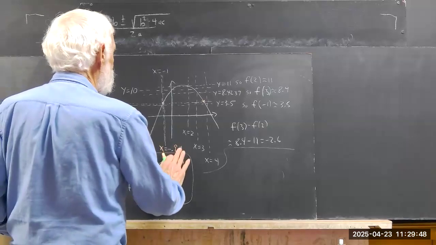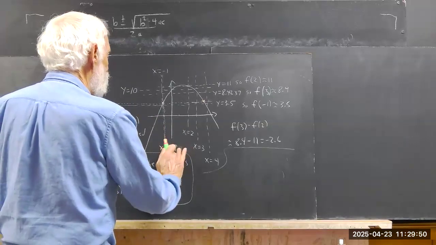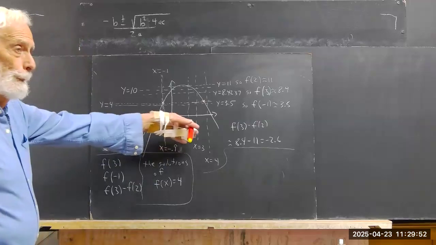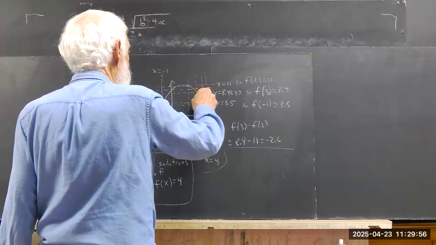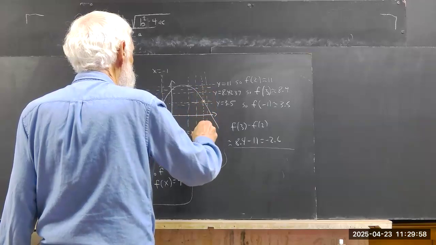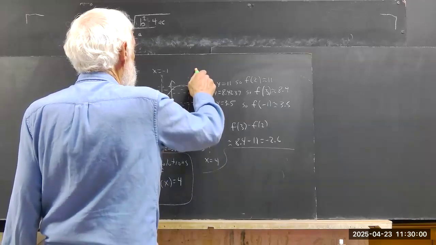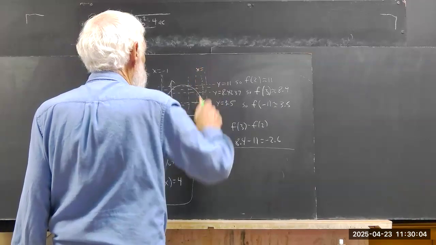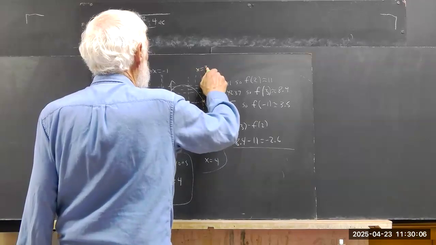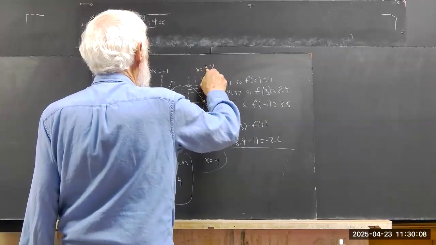Let's just say over. Okay, so on this point, y is approximately equal to, we're going to say, 3.7.